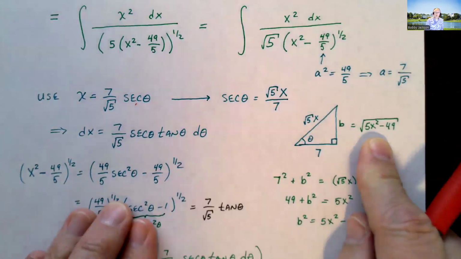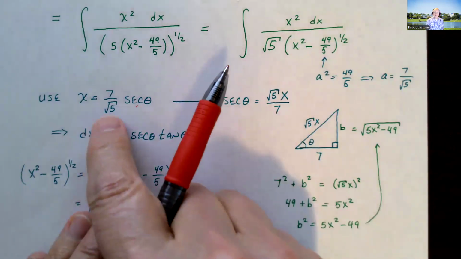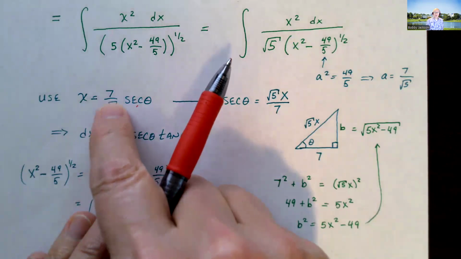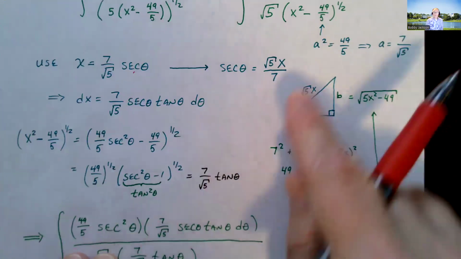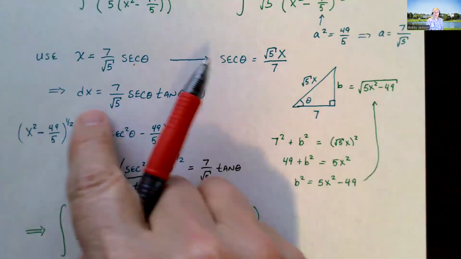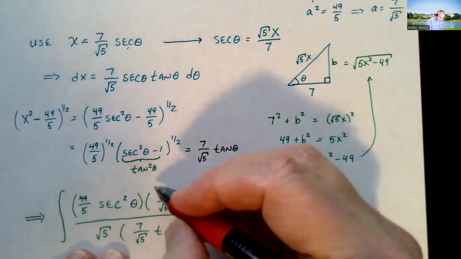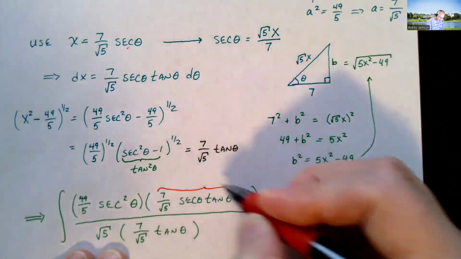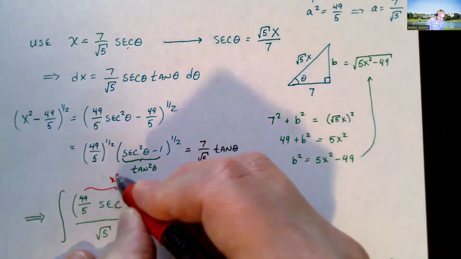Okay, so let's do the substitution. We've got x squared. Remember, x is this. If I square that, I get 49 fifths secant squared theta, so that's what I put up here. And then I've got dx, which we computed already, so I'm going to copy that down for the dx. Right there, there's the dx, and this right here was the x squared.